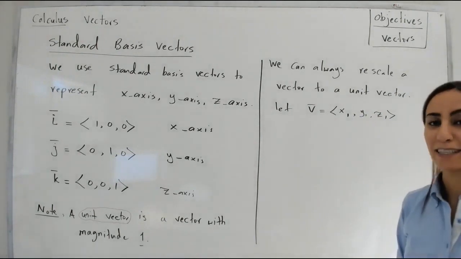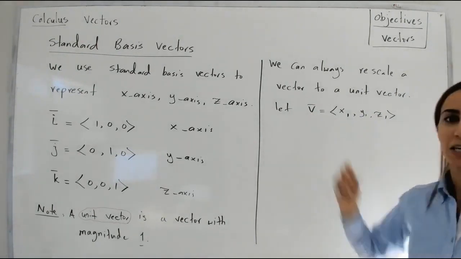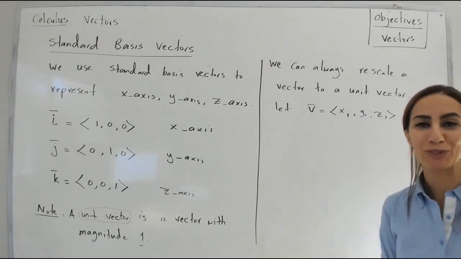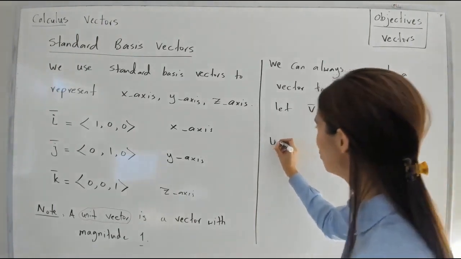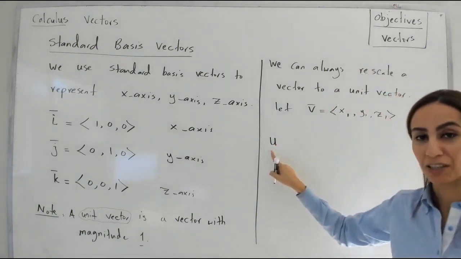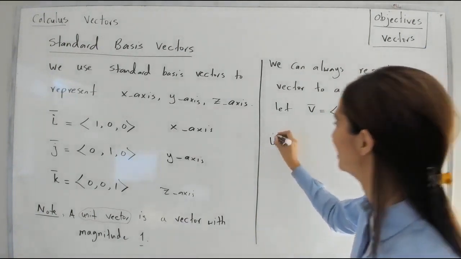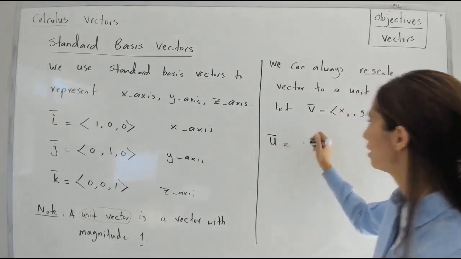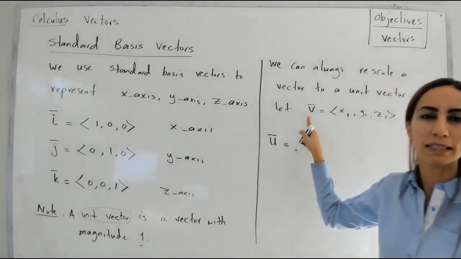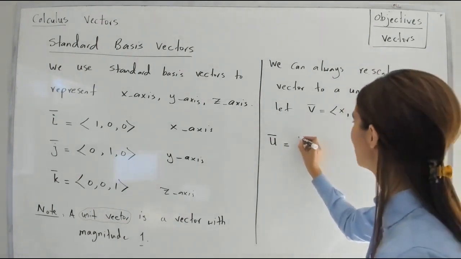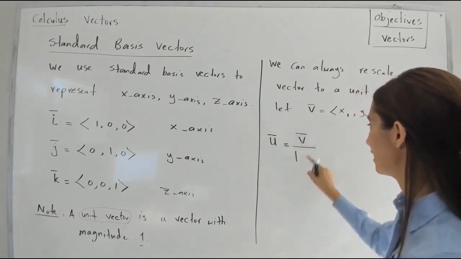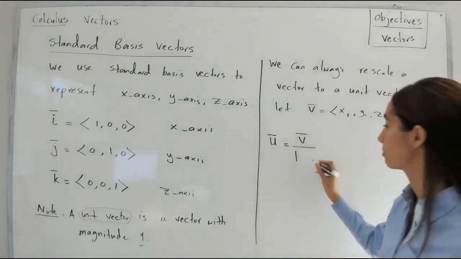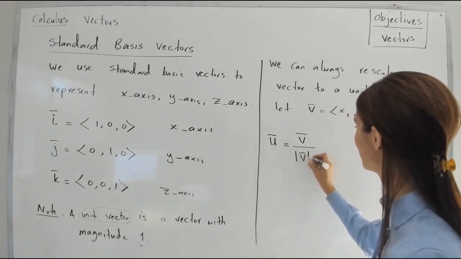By dividing vector v by its own magnitude, you create a unit vector. U, or this new vector with length 1, can be constructed using this vector with any length. We take the magnitude of vector v and we divide each of the components by that magnitude.